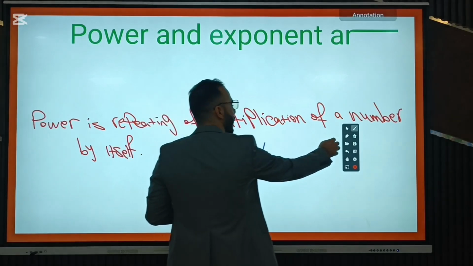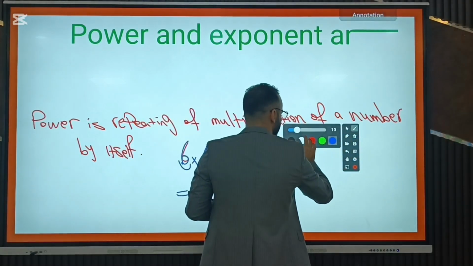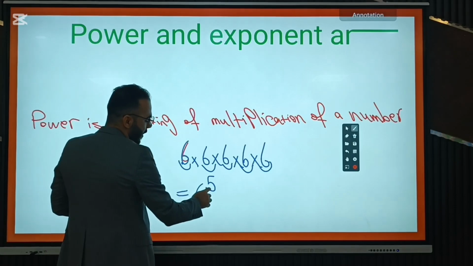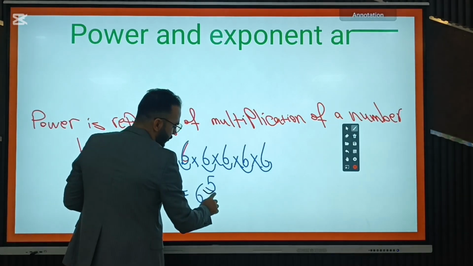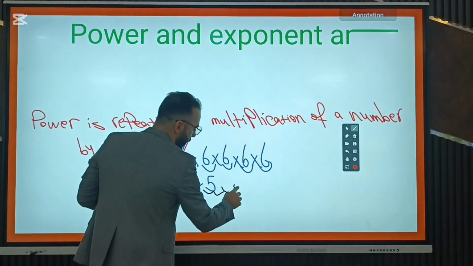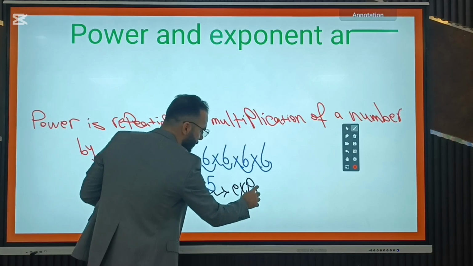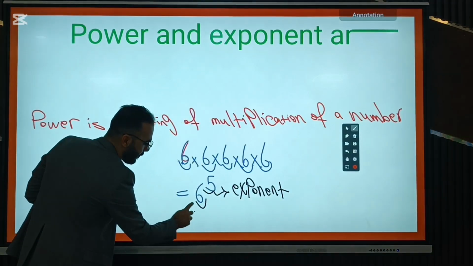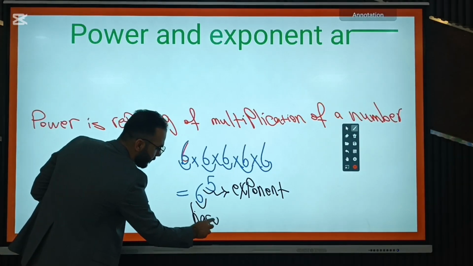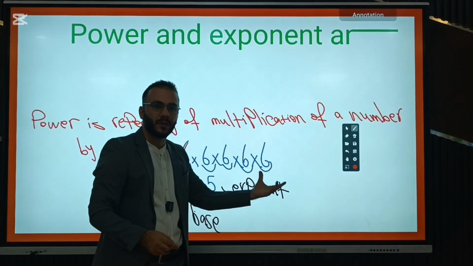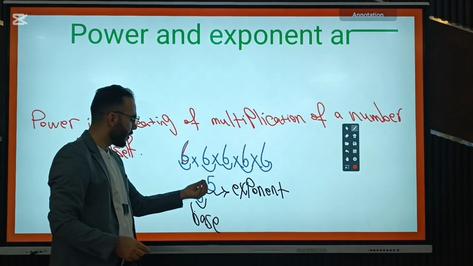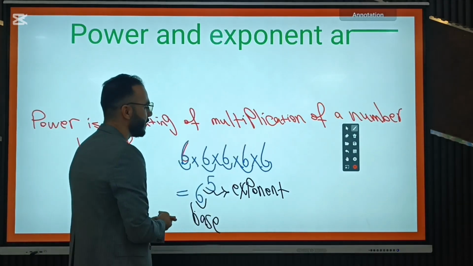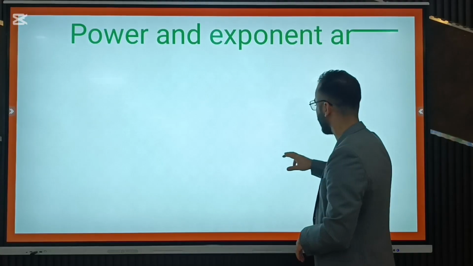By the way, the power form consists of 2 components. This one is called the exponent, and the bottom part we call the base. The exponent tells us how many times we are going to multiply the base by itself. This is how the exponent acts and rules.